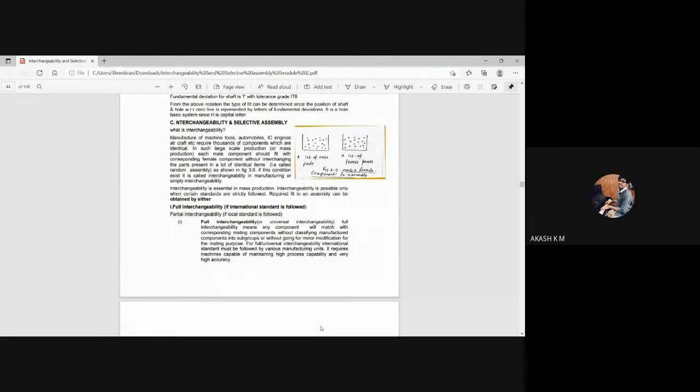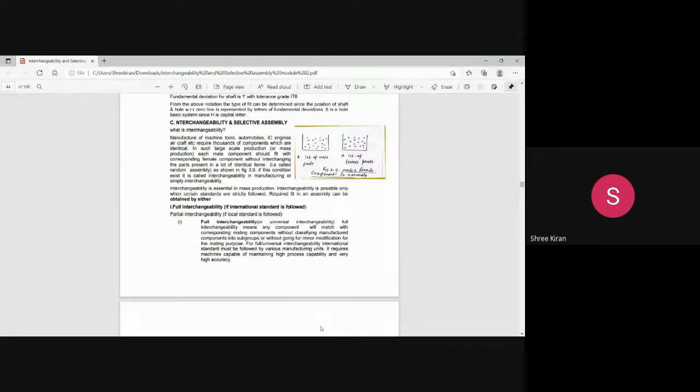That we have already discussed. Basic standards. You don't remember, at the start when we were doing the introduction to metrology?